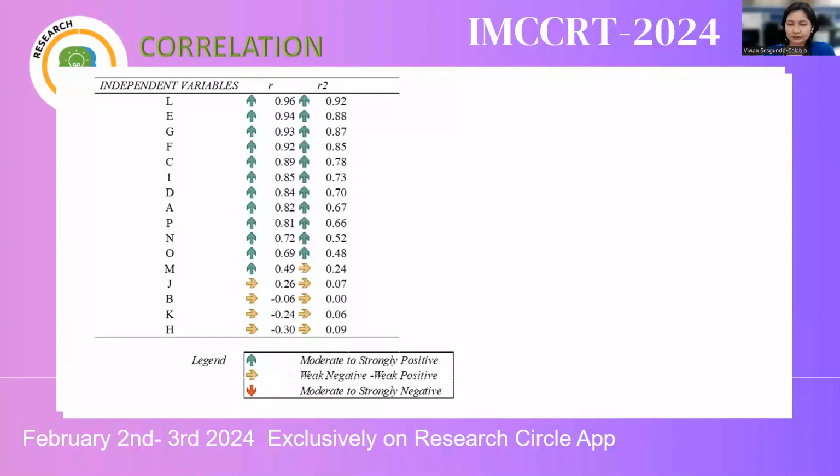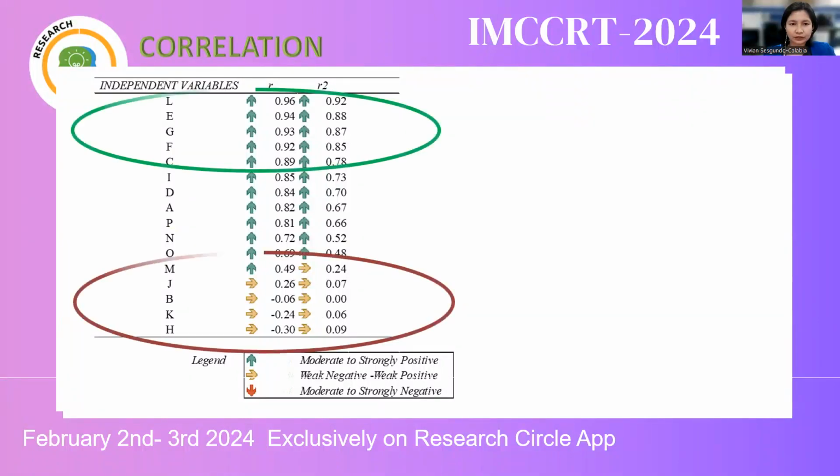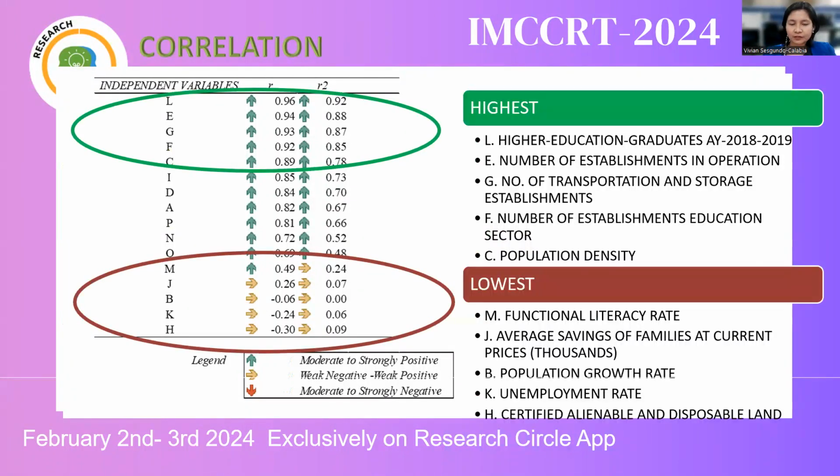Arranging the resulting correlations, we identified the top 5 and lowest 5 variables. The higher education graduates as of 2018 to 2019, number of establishments in operation, number of transportation and storage establishments, number of establishments in the education sector, and population density are the variables with the highest correlation with the number of banks.